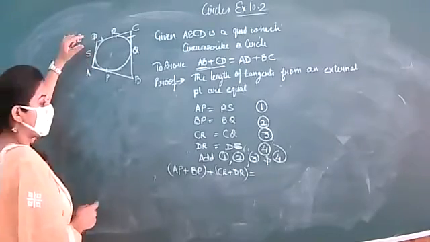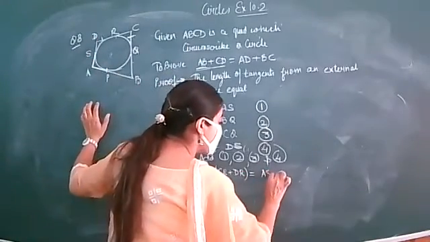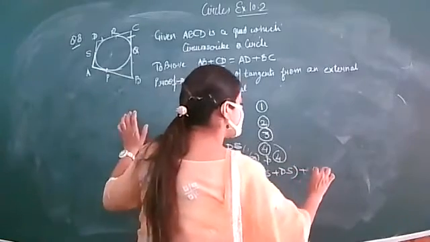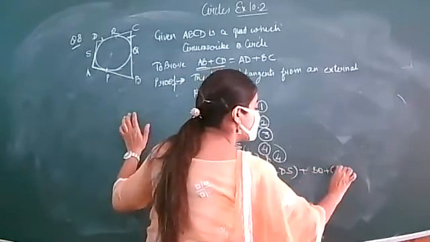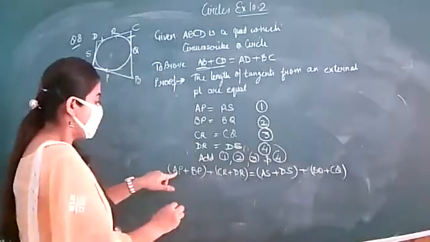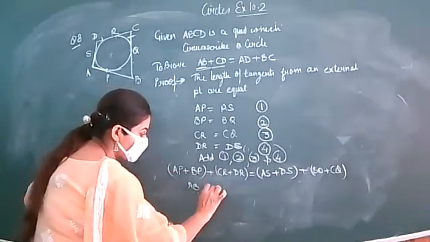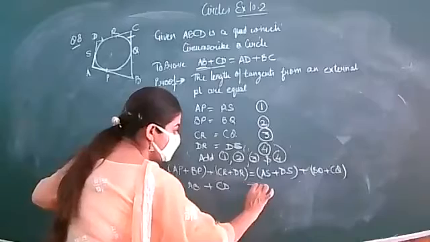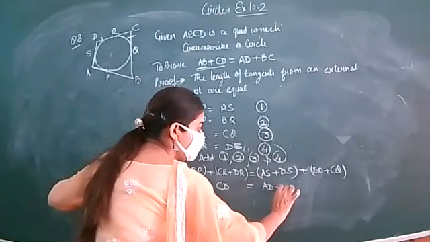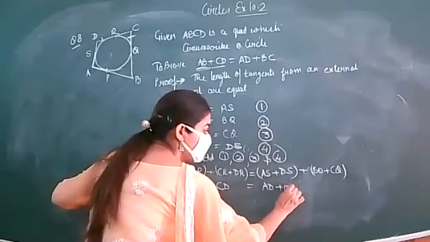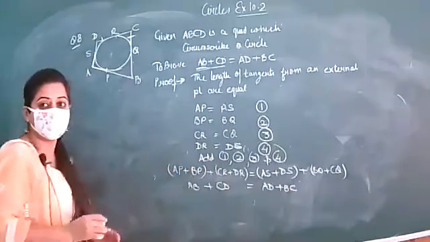So AS will be added with DS. So AS and DS will be written in the first bracket, and BQ plus CQ will be written in the next bracket. AP plus PB will give you AB, plus CD, equals AD plus BC. So this will give you the answer. Got it?